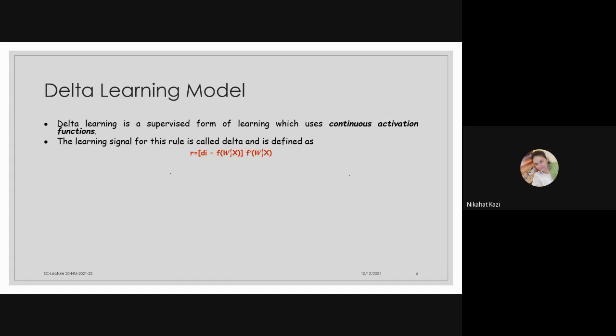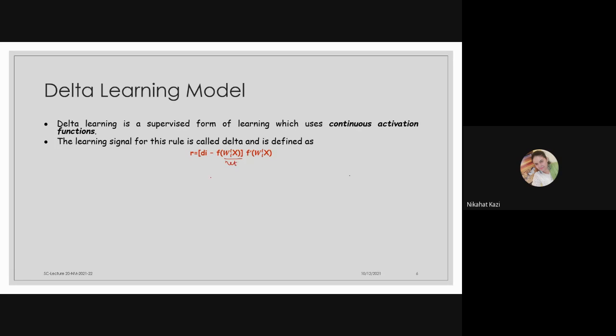So what was the learning signal in case of perceptron? It was simply di minus oi, right? In case of the delta learning, it has changed to di minus f of w transpose x, which is oi only, because f is the activation function. And this value that you see here is net.